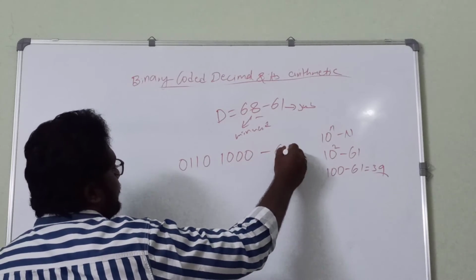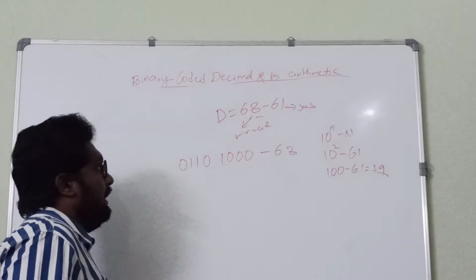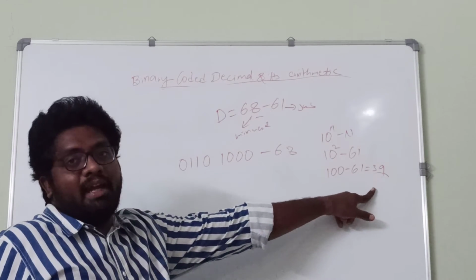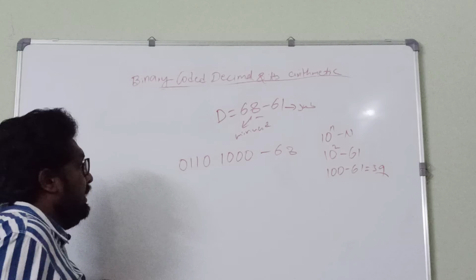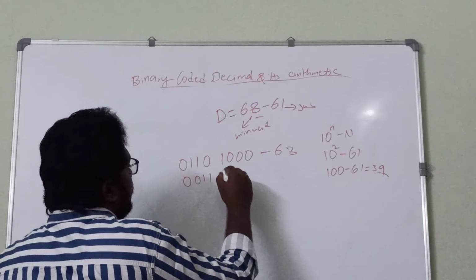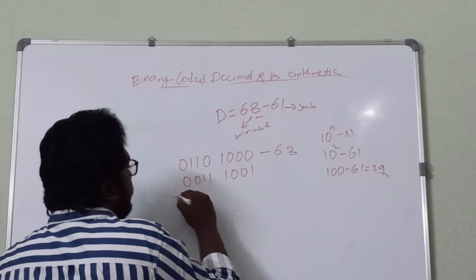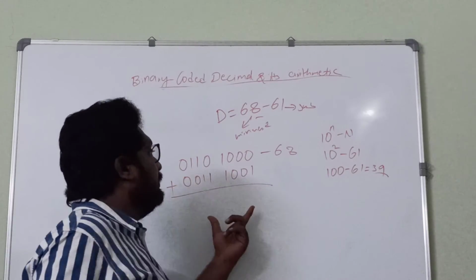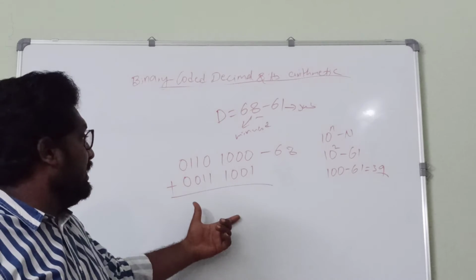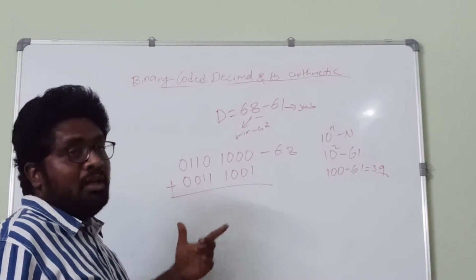This is 68 and this 68 will be added to 39, that is 0011 1001. We need to perform the BCD addition by applying the BCD addition rules.